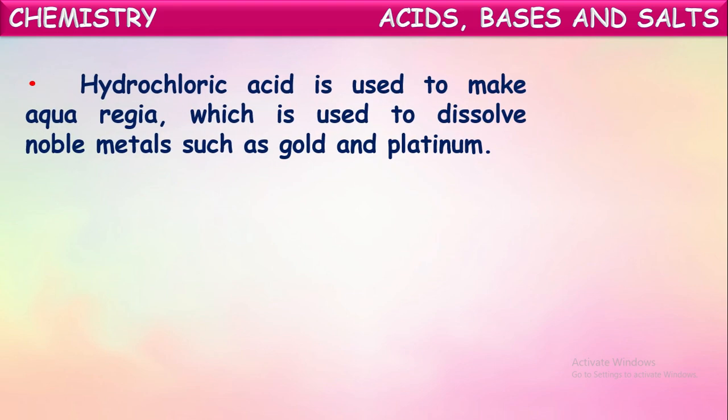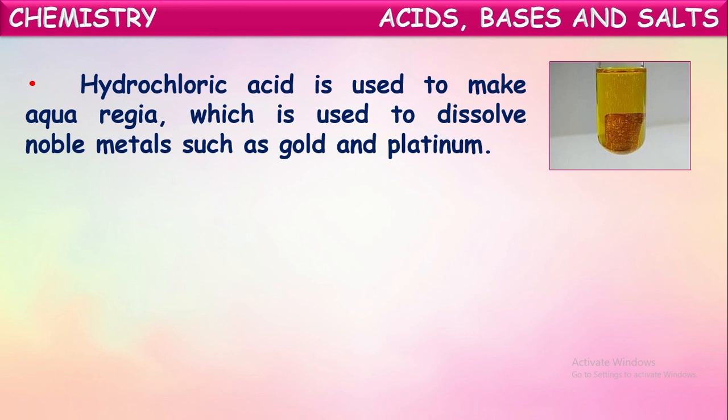And hydrochloric acid. Hydrochloric acid is used to make aqua regia, which is used to dissolve noble metals such as gold and platinum. Yes, aqua regia is a chemical solution containing hydrochloric acid and nitric acid. So the mixture of these two is called aqua regia, and it can purify metals like gold and platinum.